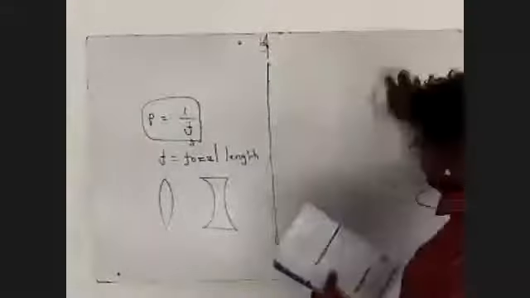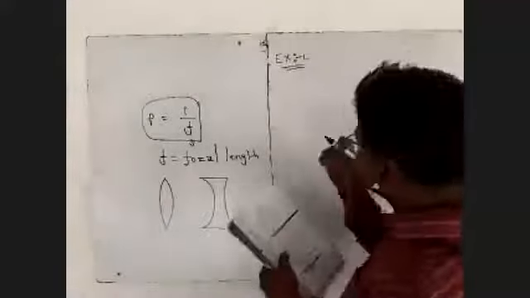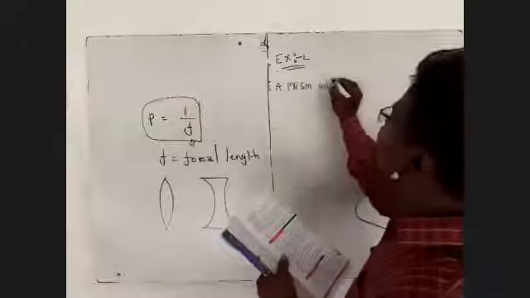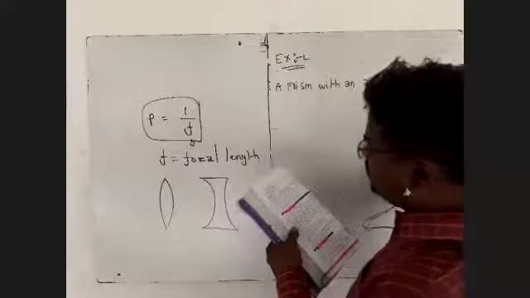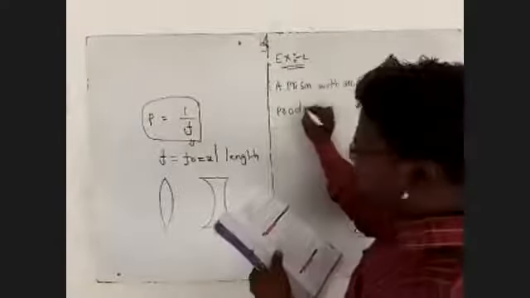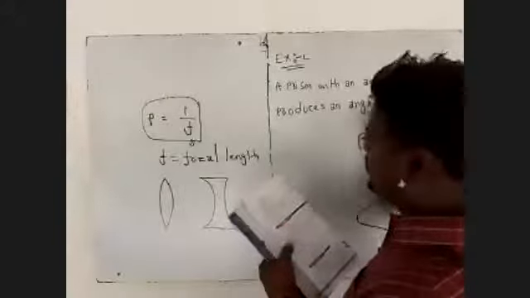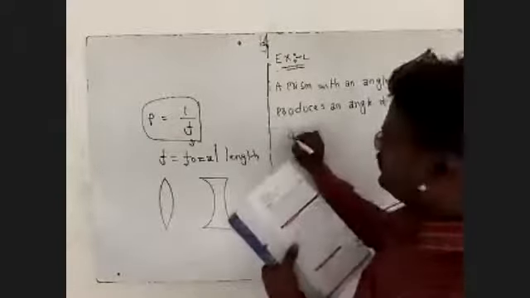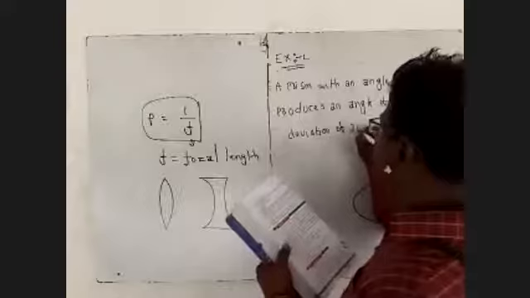Exercise. A prism with an angle A equal to 60 degrees produces an angle of minimum deviation of 30 degrees.